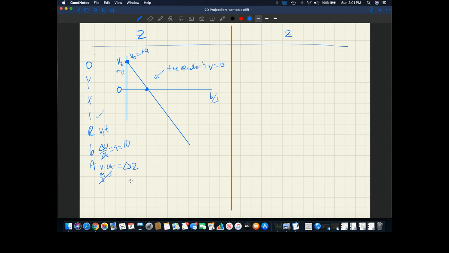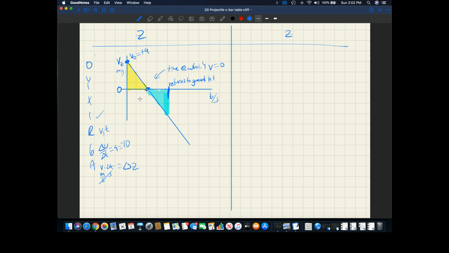So delta z, if we look at the area in this case, all right, so that's delta z in its positive area. And then this is going to be negative area. And it's at this point that these areas are equal to each other. And so that means that at this point it returns to ground height.